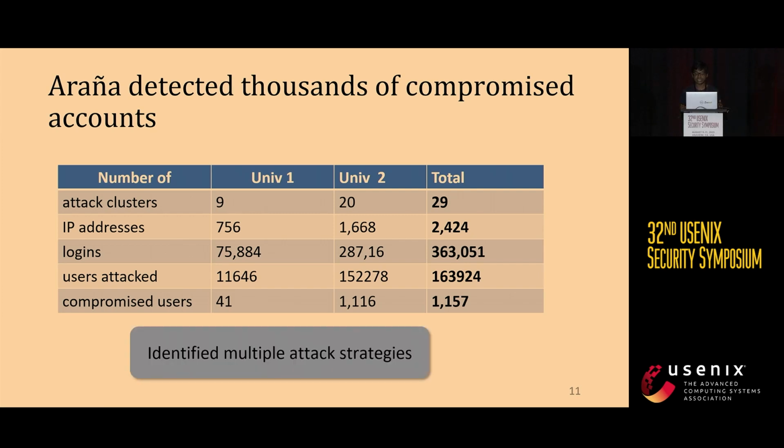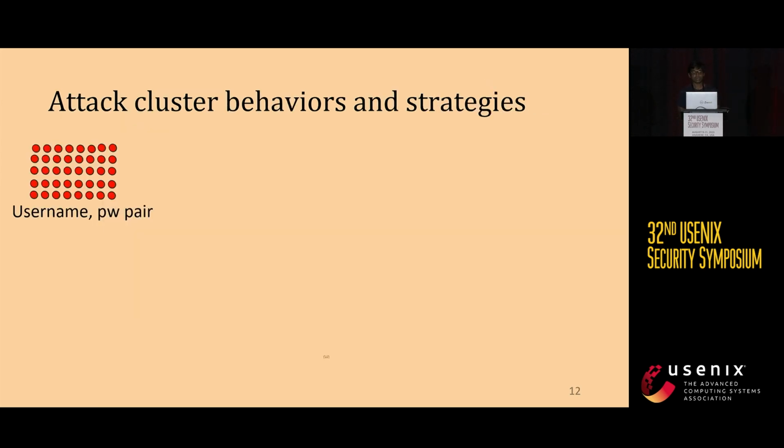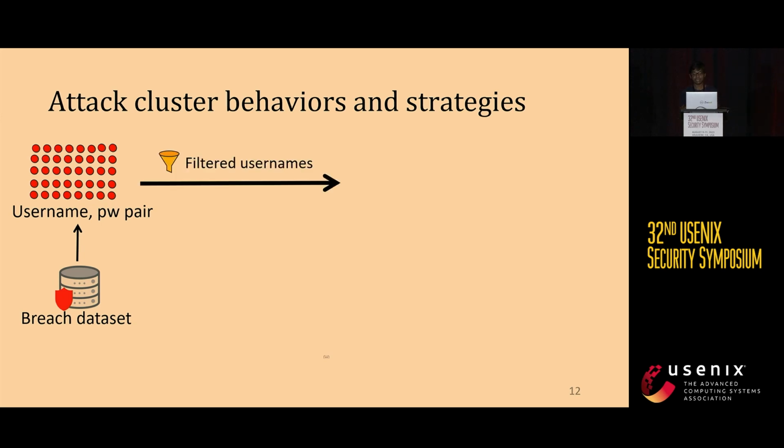And these large-scale clusters give us insight into how attackers perform such attacks. For instance, we observed that attackers take passwords which are very popular, or passwords from publicly or privately leaked datasets, to maximize their chances of compromising users' passwords. Some attackers even filter their usernames based on the target website they are trying to attack.